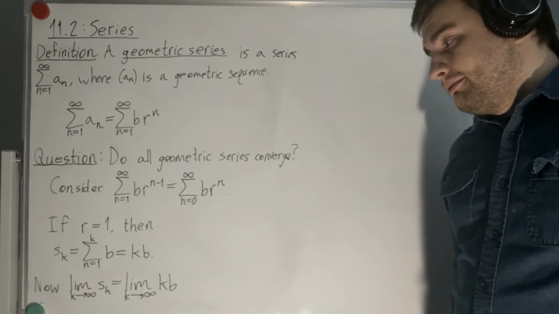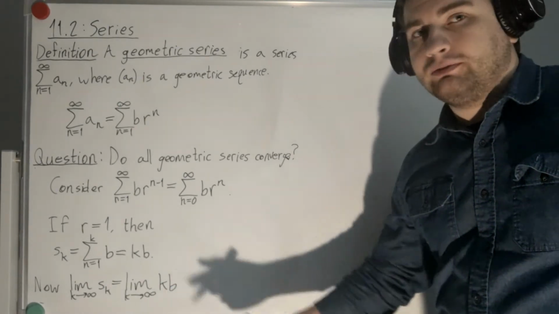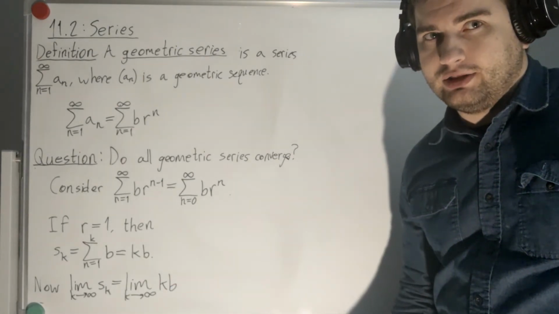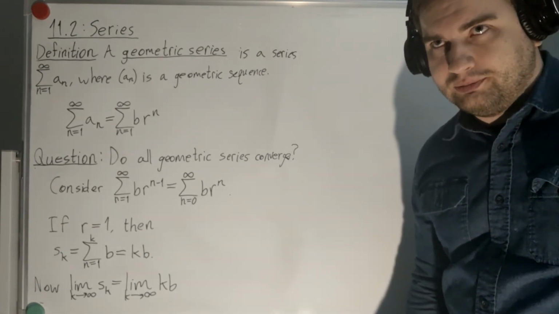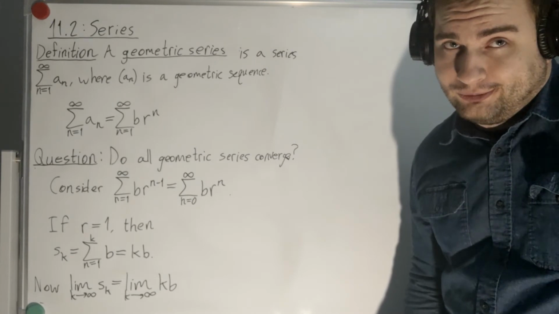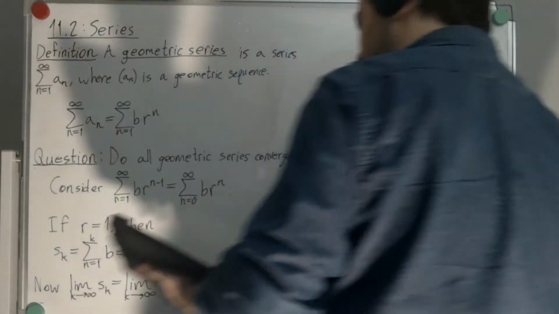So as k approaches infinity, this is going to approach either positive infinity or negative infinity, depending on whether b is positive or negative. And then I guess also if b is 0, then it just approaches 0. But this diverges unless b is 0.